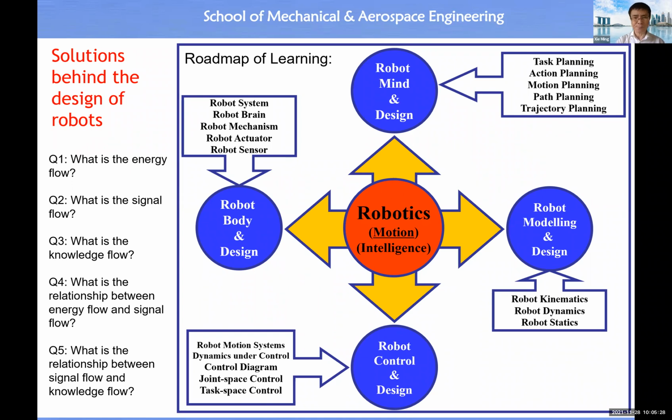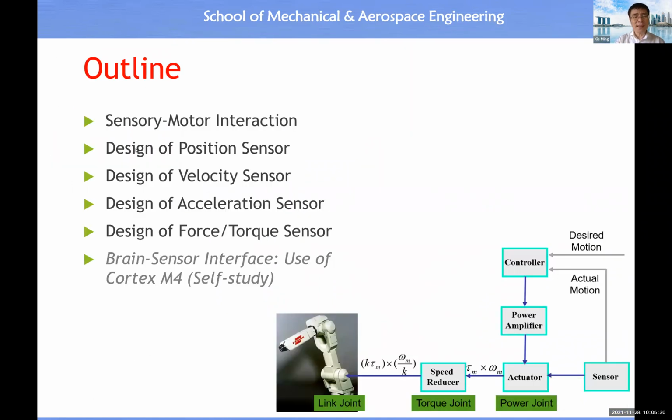Okay, all right. So for lecture 5, we will follow this outline. First we want to be convinced by the need to incorporate sensor inside the body of a robot.